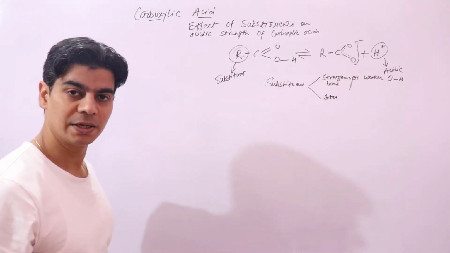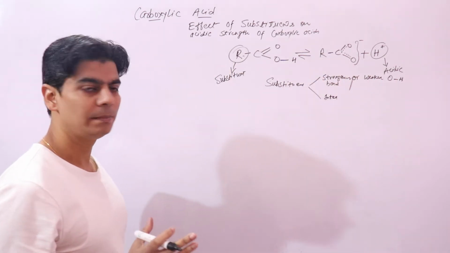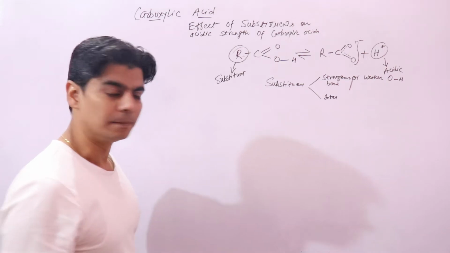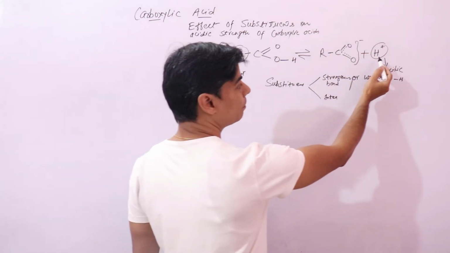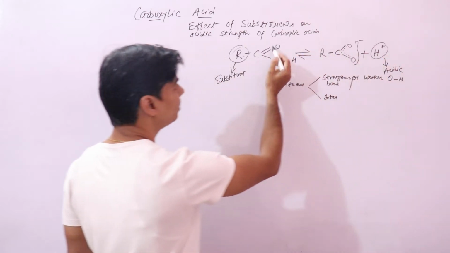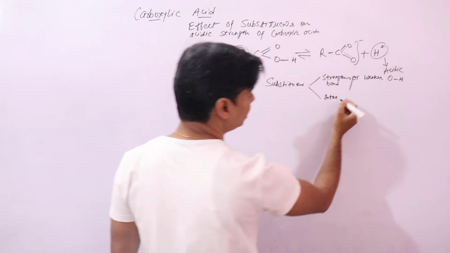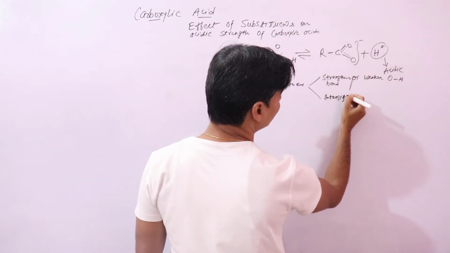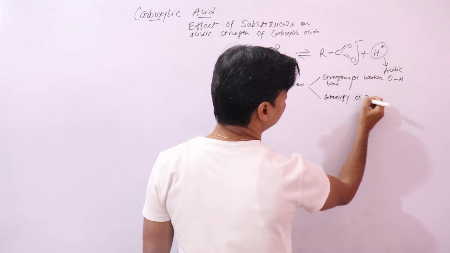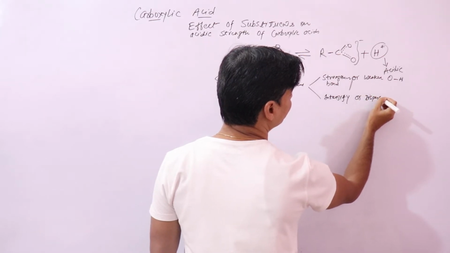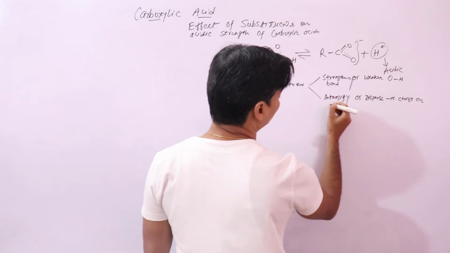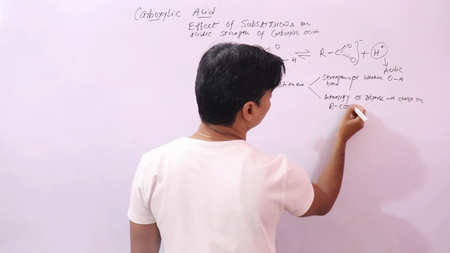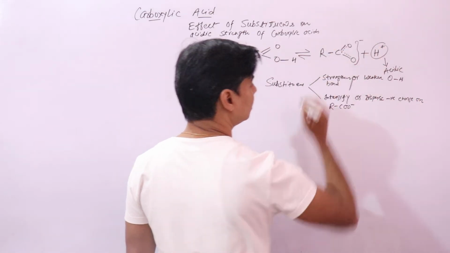When it intensifies the negative charge, that means the ion will become unstable, right? Because when this is more negative, it is unstable. It will combine with hydrogen ions to give you back this unionized acid molecule. So the substituent will intensify or disperse the negative charge on this carboxylate ion, right?